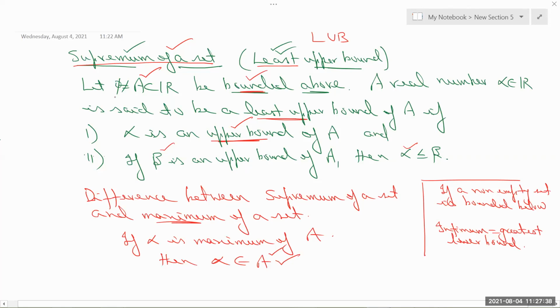Remember. Whereas in case of supremum, nowhere it is mentioned that alpha should belong to A. ये बात समझ में आई कि नहीं? Supremum may or may not be a member of the set, but maximum, whenever it exists, will always be a member of the set. ठीक है ना? ये key difference है.